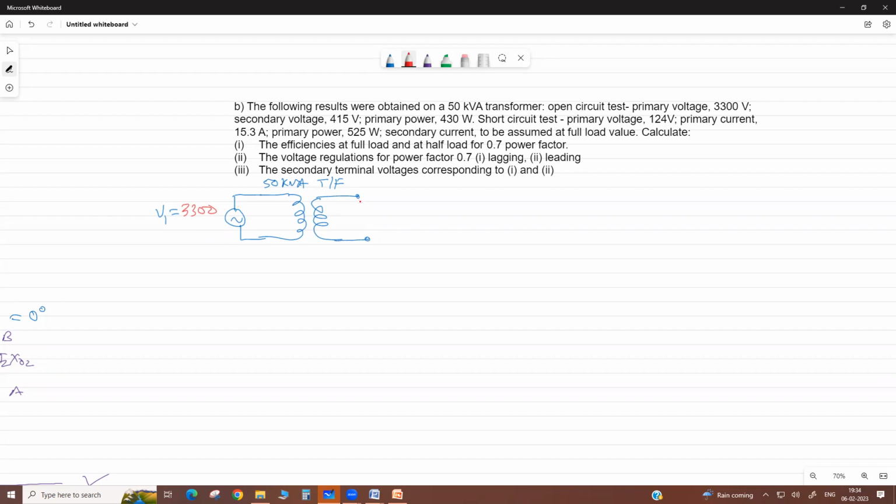Then the other side is kept open. What is the voltage induced here? 415 volt, we measure with a voltmeter. Then we measure the current and the power drawn by the transformer. We can put a wattmeter here, then we measure the power. So what is the primary input power?